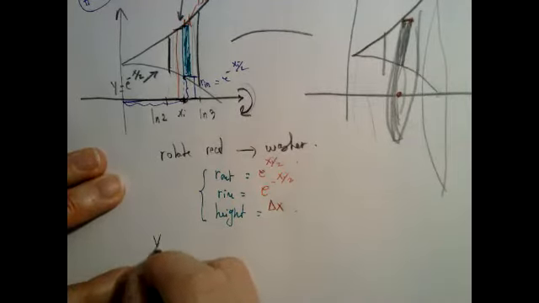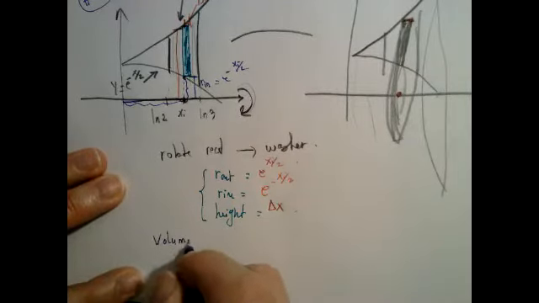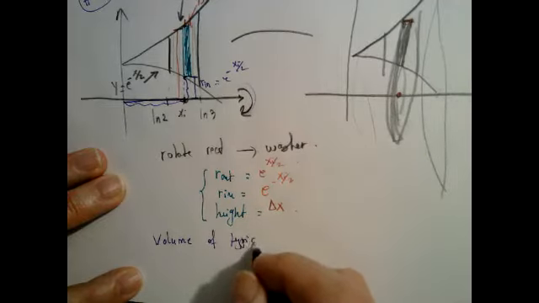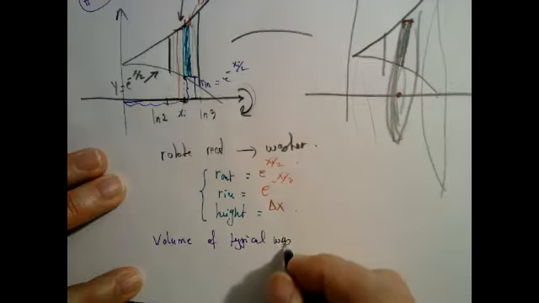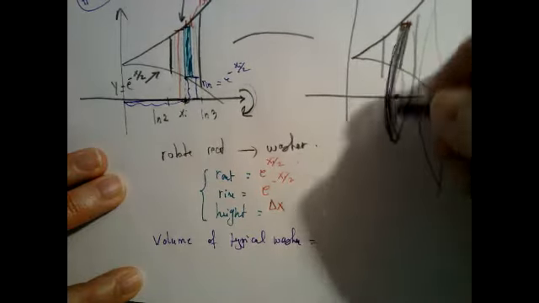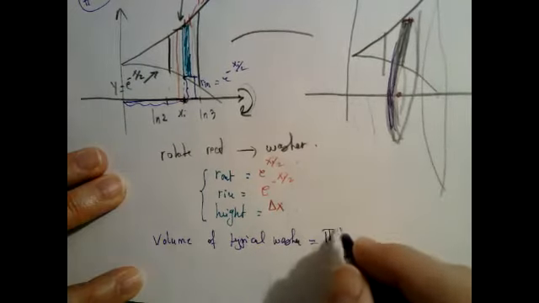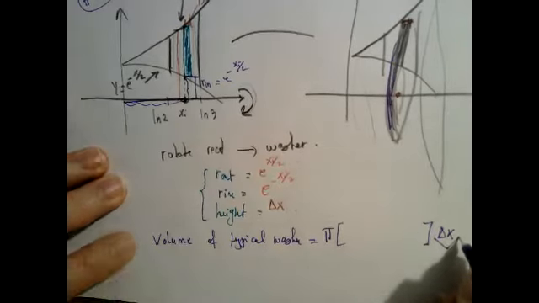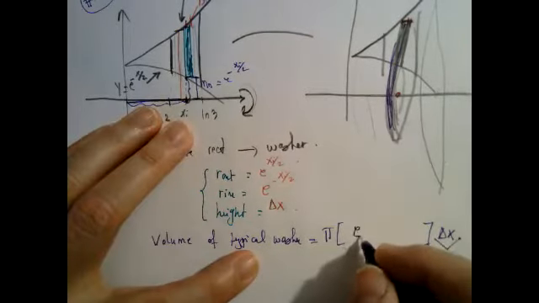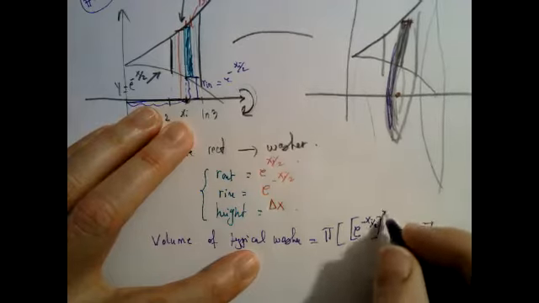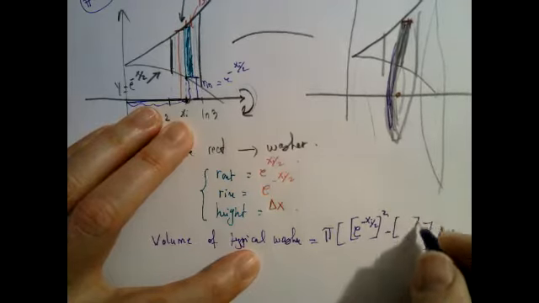So the volume of each typical washer, it means of this one, the volume of this is pi times the height, the delta x, and that's the outer square minus the inner square.